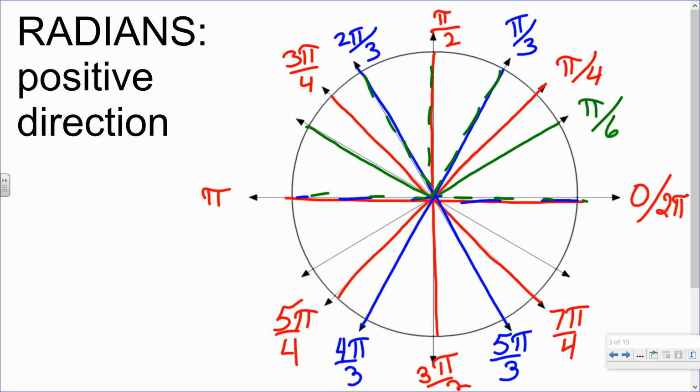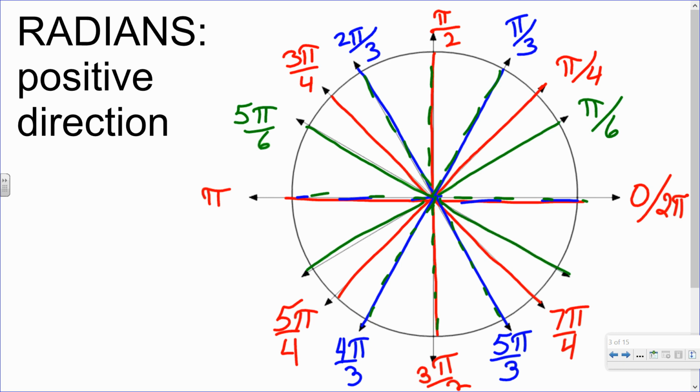So 1/6, 2/6 is the same as pi over 3. 3/6 is pi over 2. 4/6 is 2/3. So this one will be 5/6, or 1/6 less than the whole pi. And 6/6 has me back there at pi. I can continue with this bottom section as well.